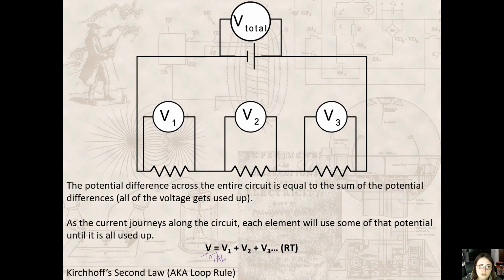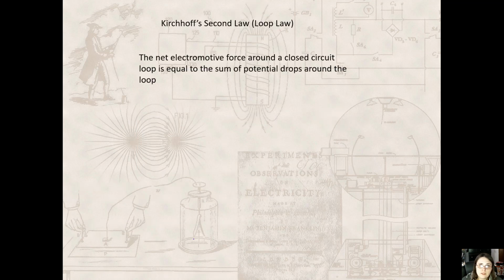And this leads us to Kirchhoff's second law, the loop law. It just says that the net electromotive force around a closed circuit loop is equal to the sum of the potential drops around the loop. That's just saying that V total is equal to V1 plus V2 plus V3 for a loop, which is a series circuit.